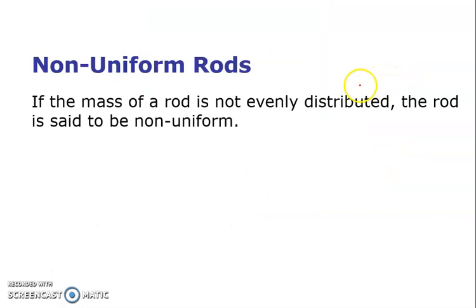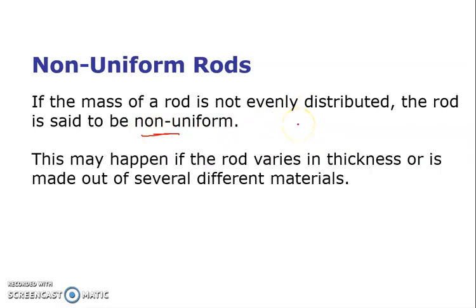So there are situations which we describe as non-uniform. That's when the mass within the rod itself is not evenly distributed. It might be because it's thicker at one end. It might be because it's made out of several different materials. I'm thinking perhaps of something like a fishing rod, where you've got the handle of the fishing rod. That's what the person who goes fishing holds.